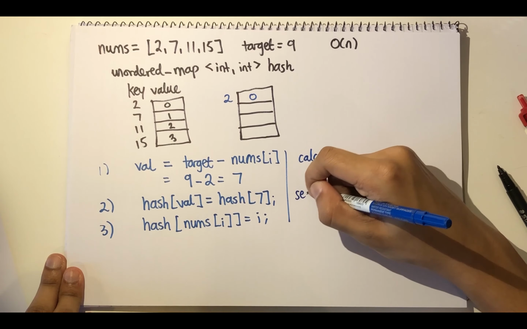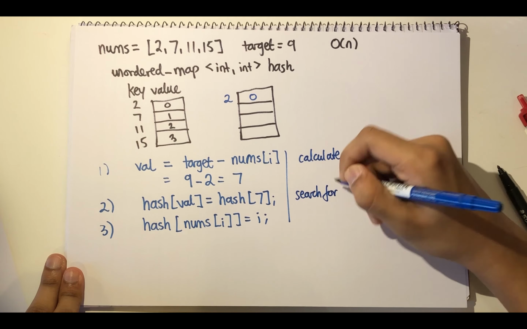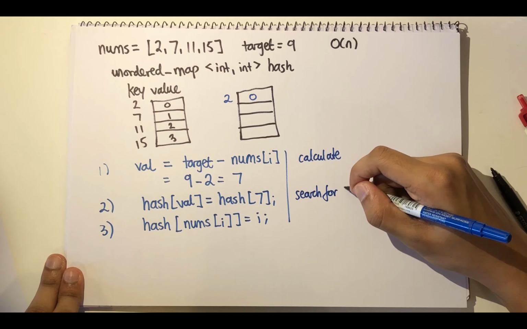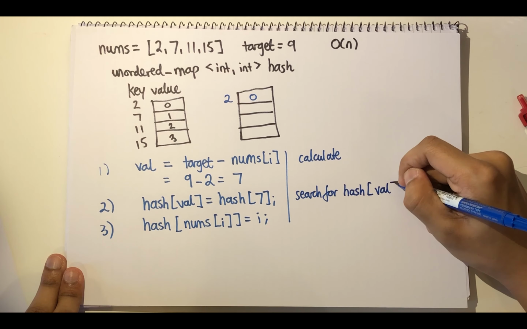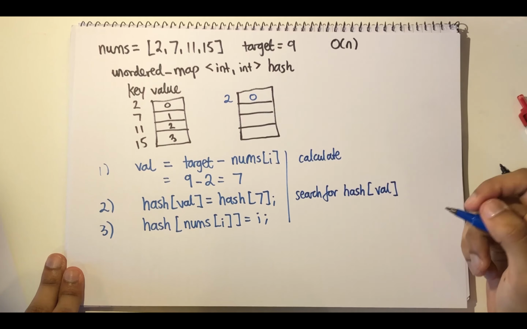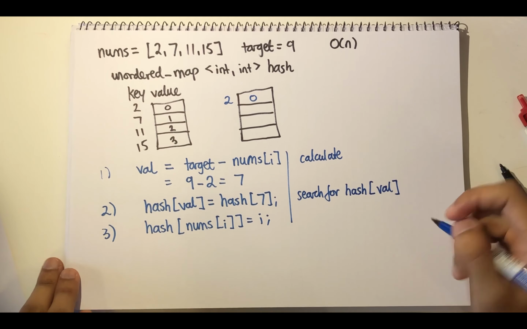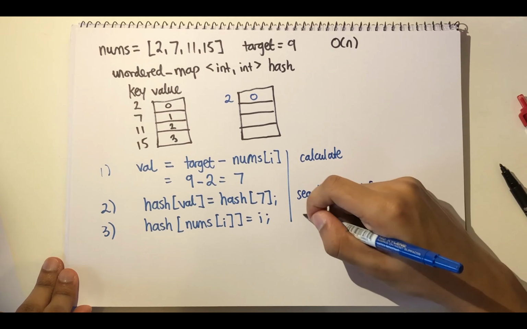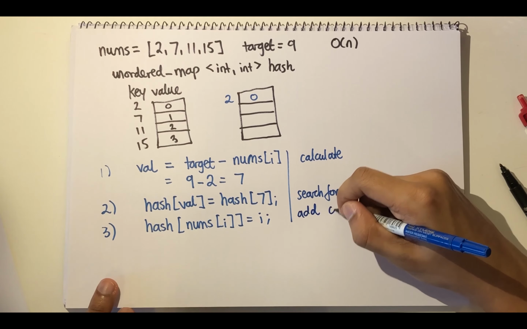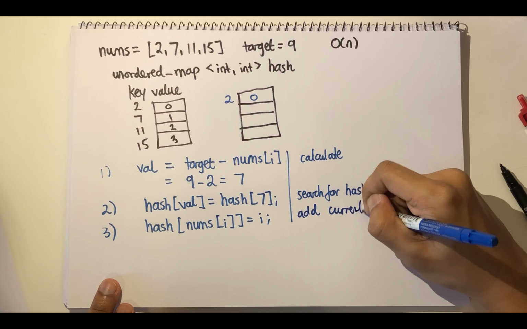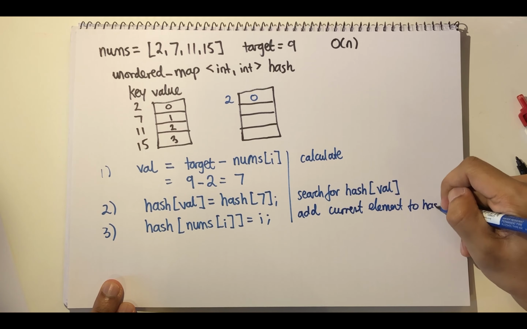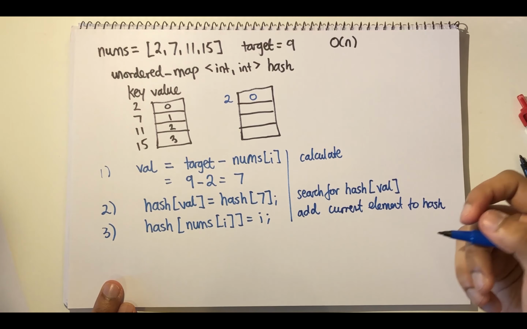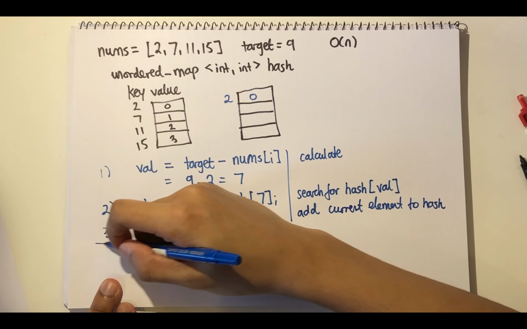We search for the hash value of the value we just found. And if we can't find that, then we add the current element to hash, and we give the value of that key as the index.